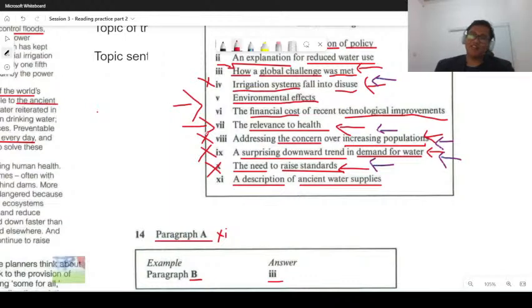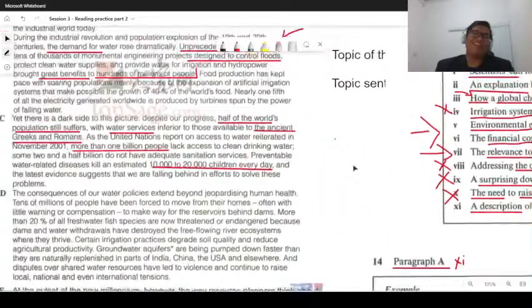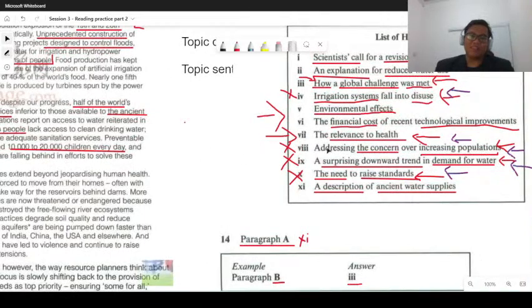Remember, the relevance to health can be for any paragraph. It doesn't specify if it is a problem, a solution, or a description. It's just related to health. And after eliminating all the options, that's what we're left with.